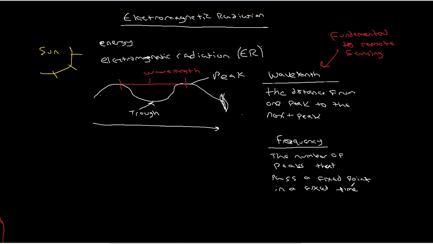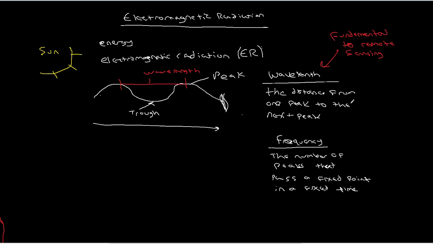Okay, so let's think about units. Wavelength, the distance from one peak to the next peak, is a measure of distance. So we need a unit that measures distance. Well, if we think of the metric system, the unit for measuring distance is the meter.